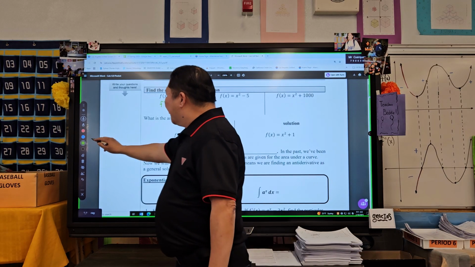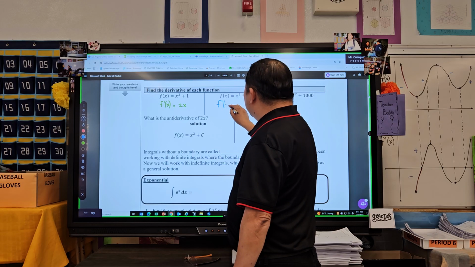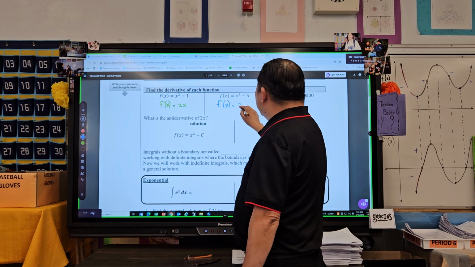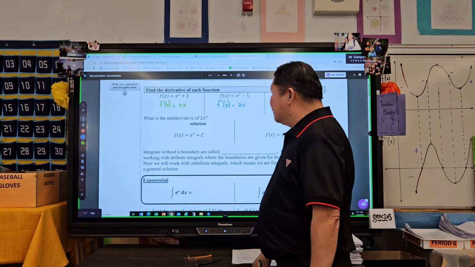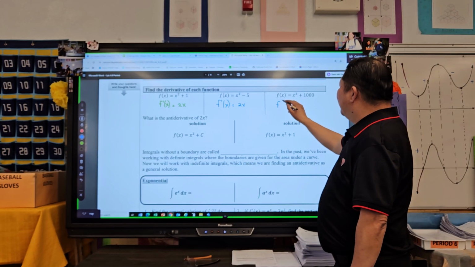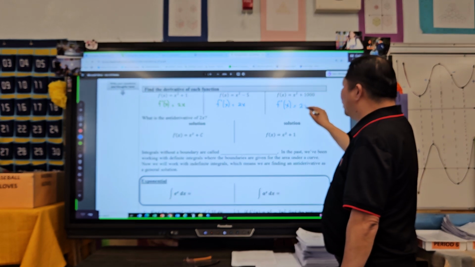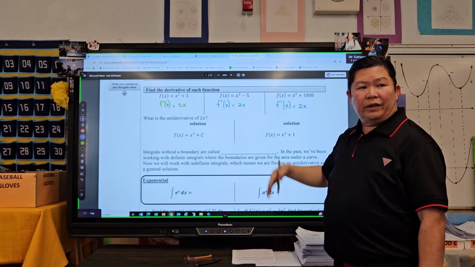So next, how about this one? Same thing. Derivative. So f prime of x is equal to still 2x. And how about this one? It's the same thing. F prime of x is equal to 2x. That is derivative, right?